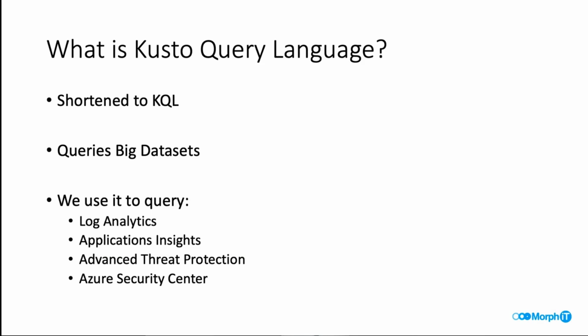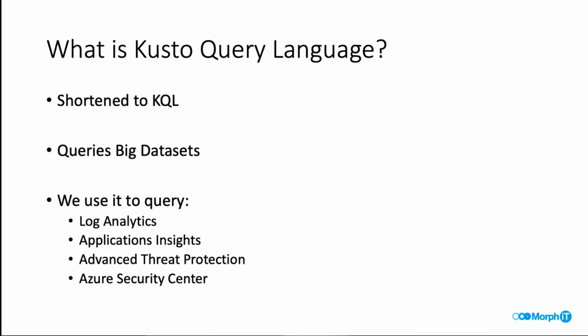KQL is very, very important for us as data platform engineers. It enables us to look at the analytics behind the Azure platform to give us insights, and it allows us to look at different workloads and systems across that platform.